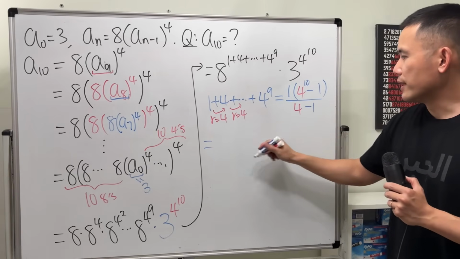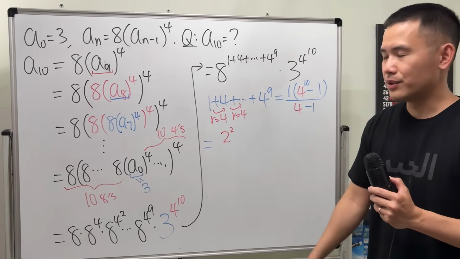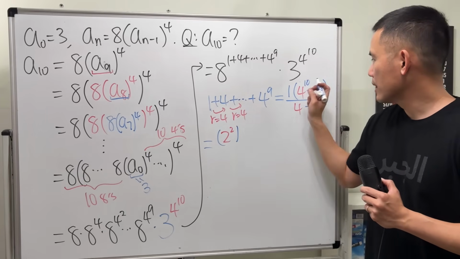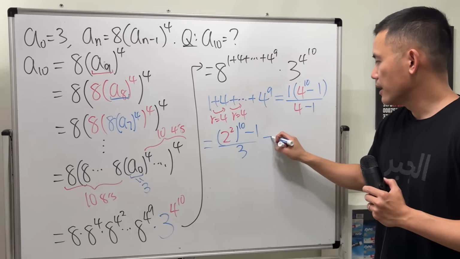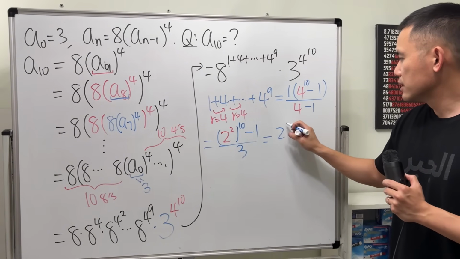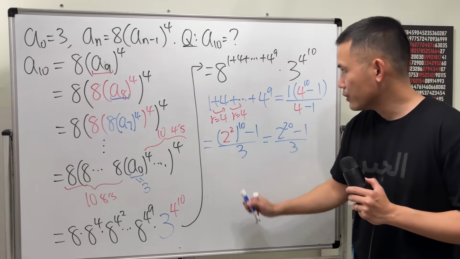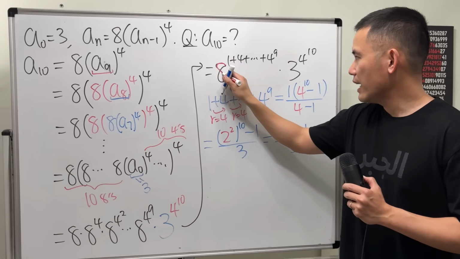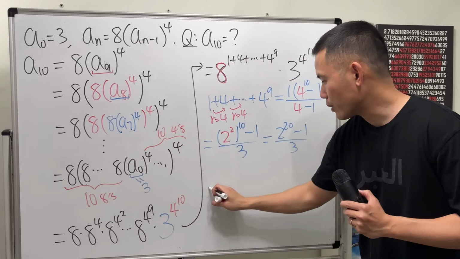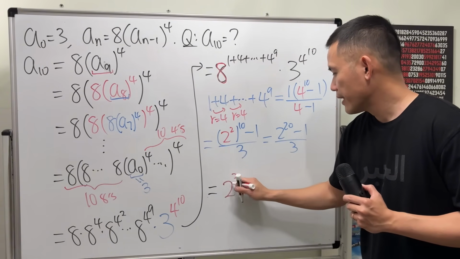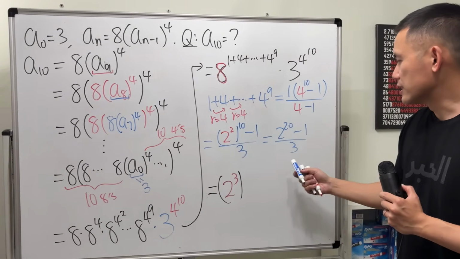Now we'll simplify this a little bit. First, I will write the 4 as 2 to the second power because the answer options are in base 2. And then I will raise that to the 10th power minus 1 over 3. Multiply the powers. So this is what we have. And now notice that here we have 8, which is the same as 2 to the third power, and then we'll raise this to this power, which is the same as that.